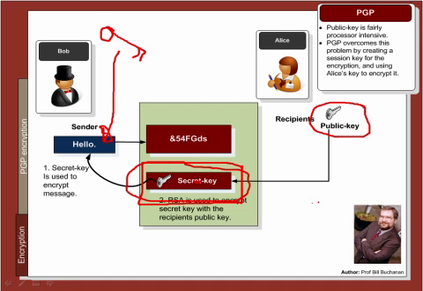So now, on the other side, the first thing that Alice will do is to use her private key to unlock the secret key. Once the secret key is unlocked, she can then use a private key, secret key algorithm to decrypt the cipher text.